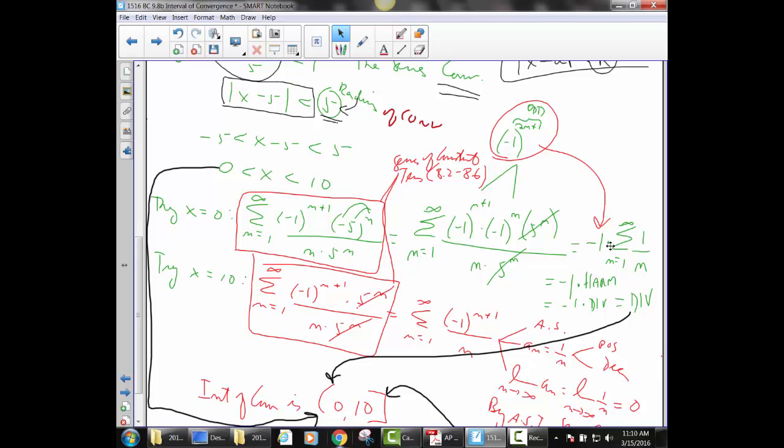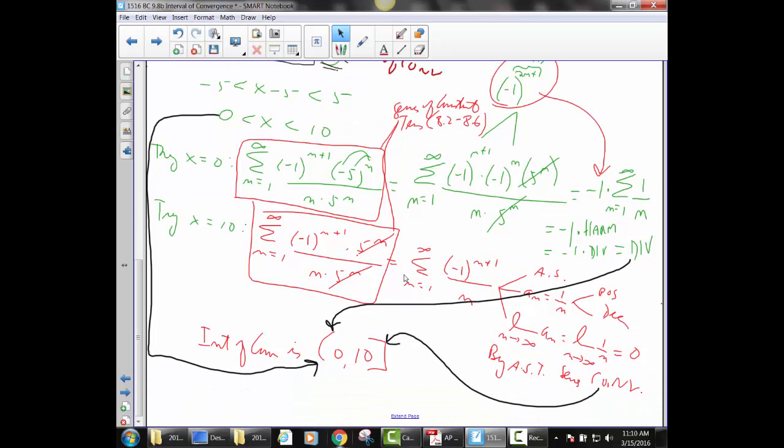So I just pulled the negative on the outside. And that's negative 1 times the harmonic, which will be divergent. Then we tried 10. So 10 minus 5 is 5. Those cancel by the alternating series test. It converges. So we cannot keep the 0, which is why it's round parentheses, but we can keep the 10.